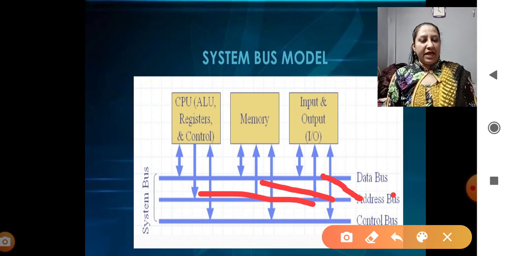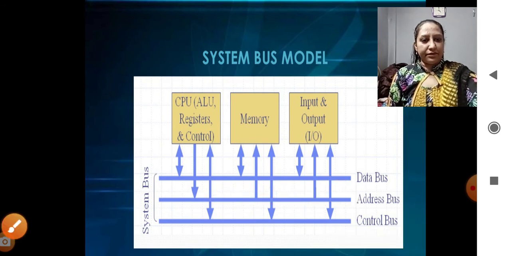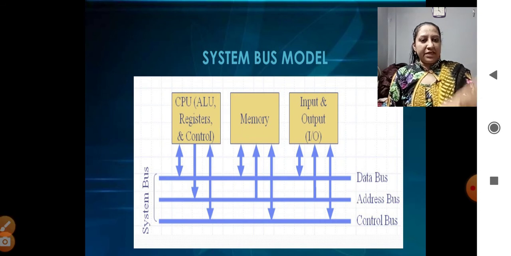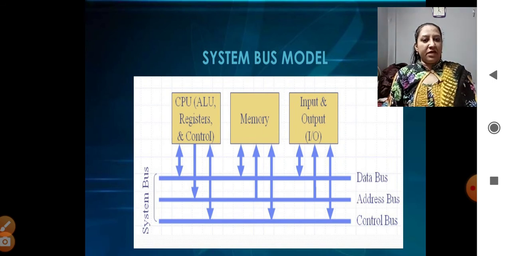Unidirectional means the address bus is passing the signal to the input device, address bus is passing the signal to the memory, and at last it is receiving from the CPU, but it is not bidirectional. These things are covered in detail ahead, but when it is unidirectional and when it is bidirectional, it is necessary to understand. And finally, the control bus again is bidirectional.